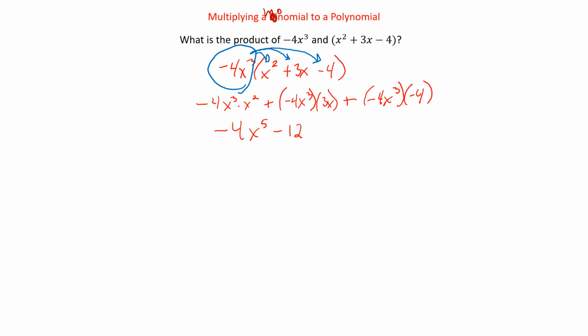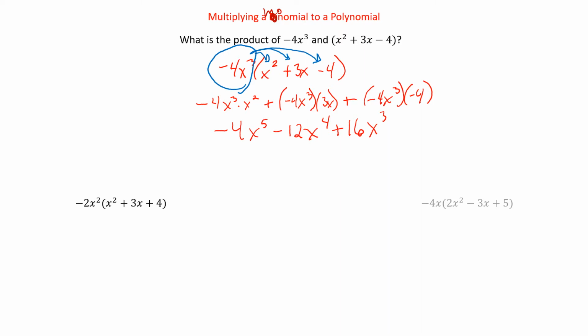X cubed times x is x to the 4th. And then we have negative 4x cubed times negative 4, so negative 4 times negative 4 is plus 16 x cubed, because we have no more x's to multiply onto that. So that's multiplying a monomial to a polynomial. We distribute and we multiply it out to each of the terms.